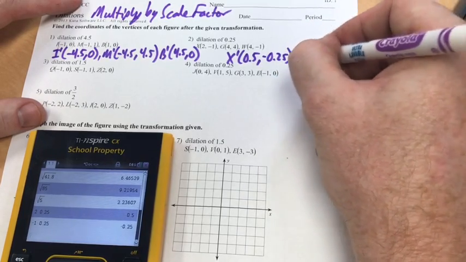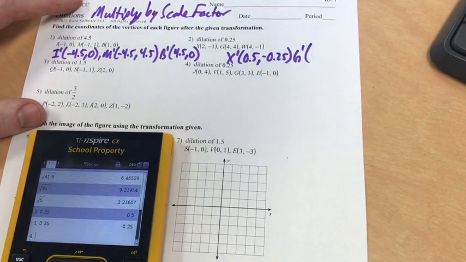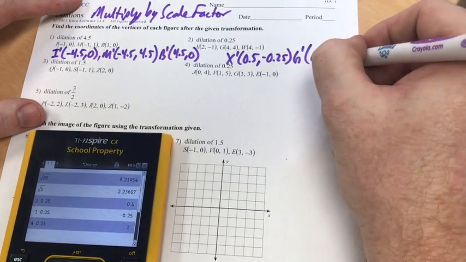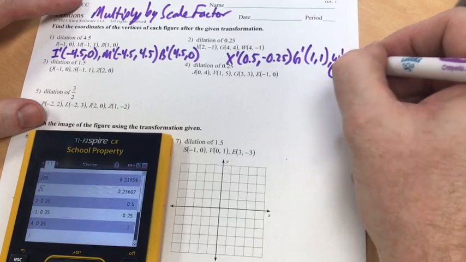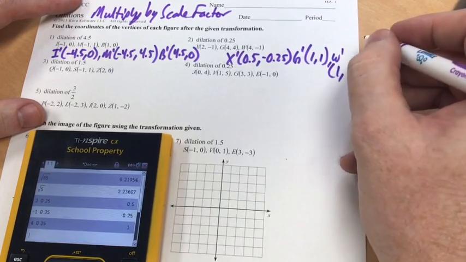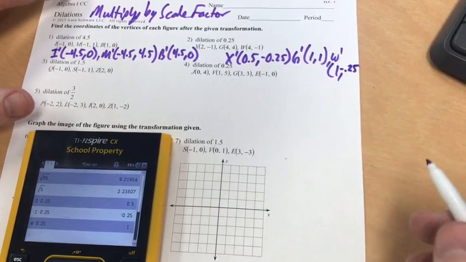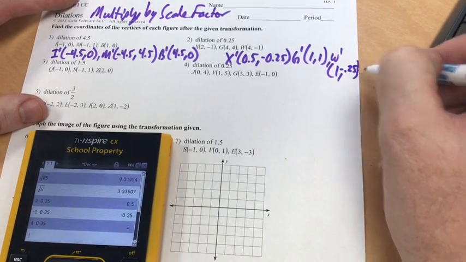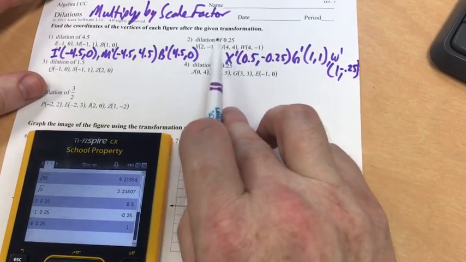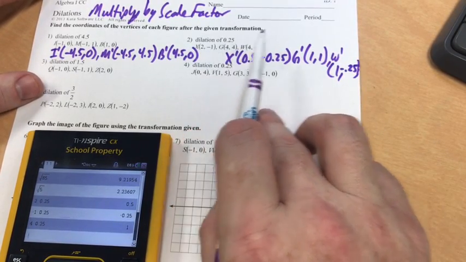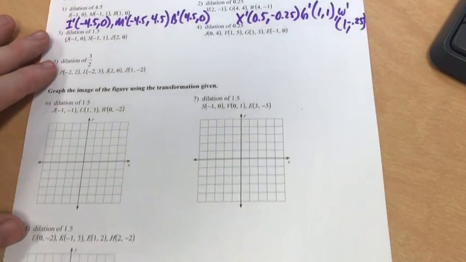G prime, 4, 4. 4 times 0.25 means it's going to become 1 and 1. W prime, 1, negative 0.25. Okay? Kind of ran out of room there, but all we do is multiply x and y, each number times your scale factor.